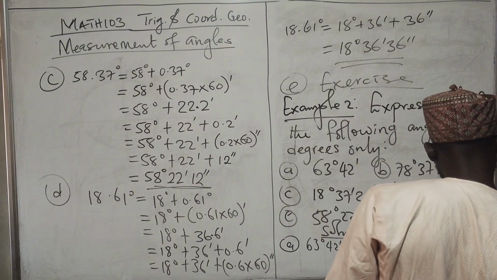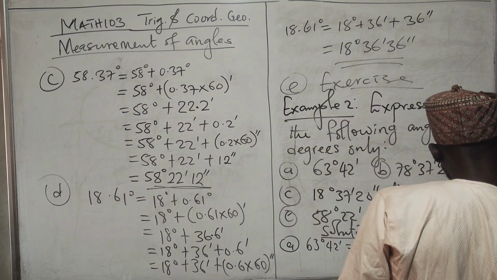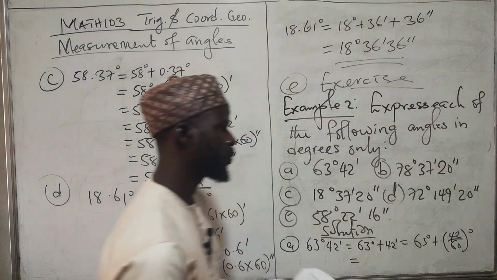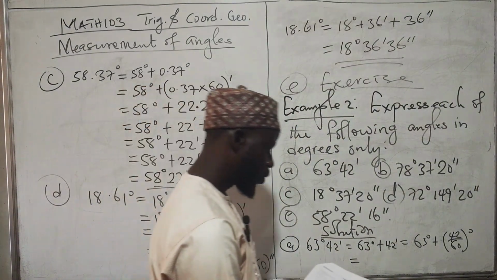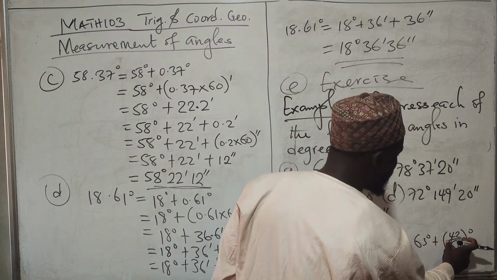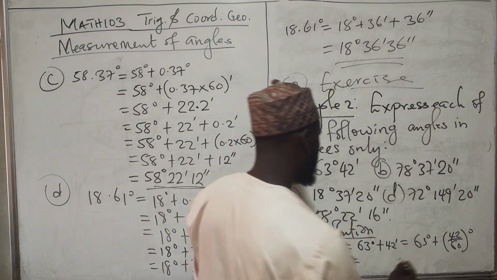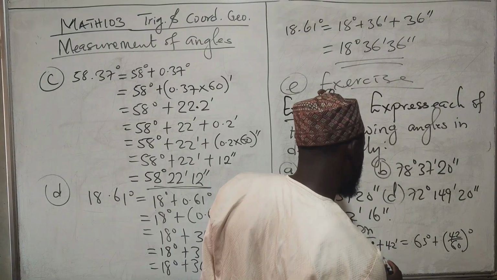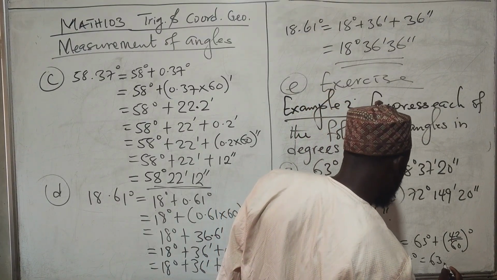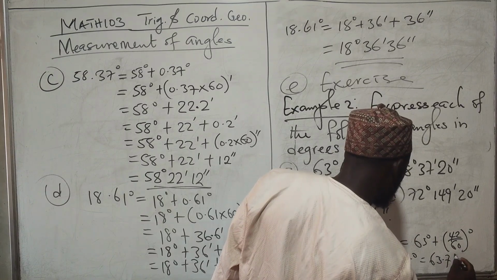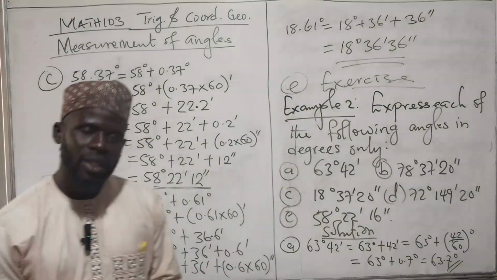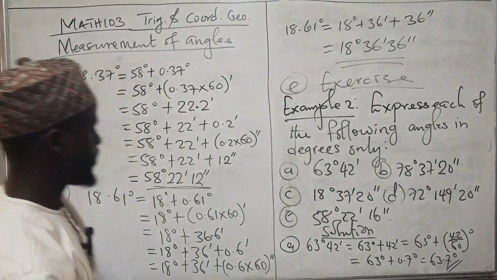After the division, your answer is in degrees. If you divide, you are going to have 0.7 here. So you have 63 degrees plus 0.7 degrees, and this is equal to 63.7 degrees. You have converted this angle to degrees only. Okay, going to B.